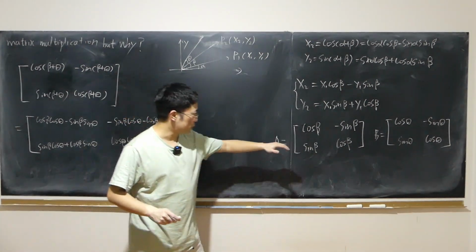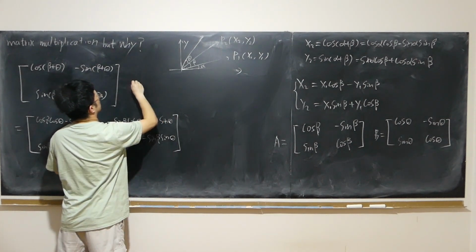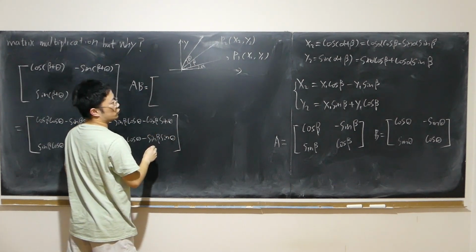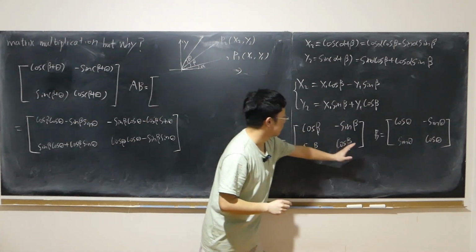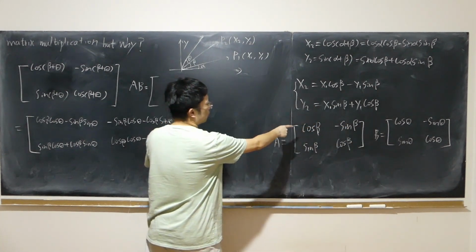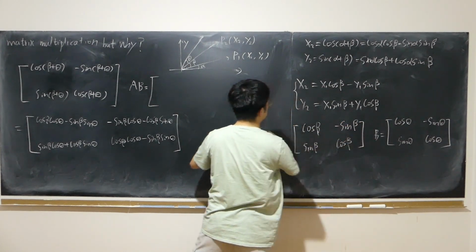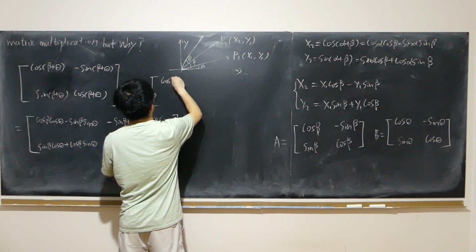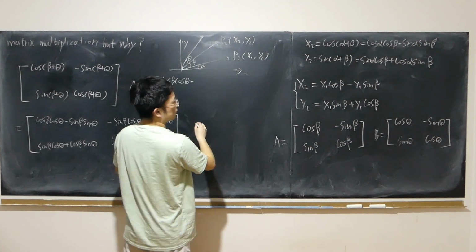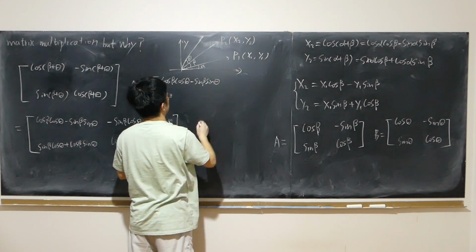So by definition, A times B is equal to, according to the definition, first row times first column, corresponding elements multiplied together and added up. So cosine beta cosine theta minus sine beta sine theta, first entry.